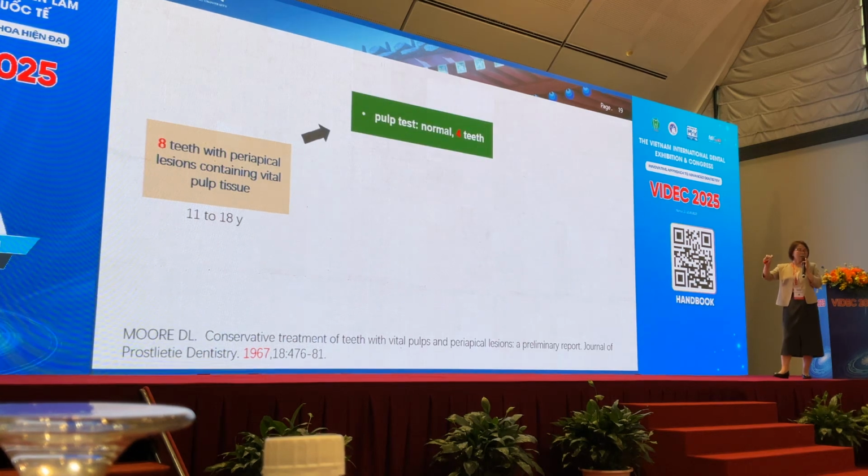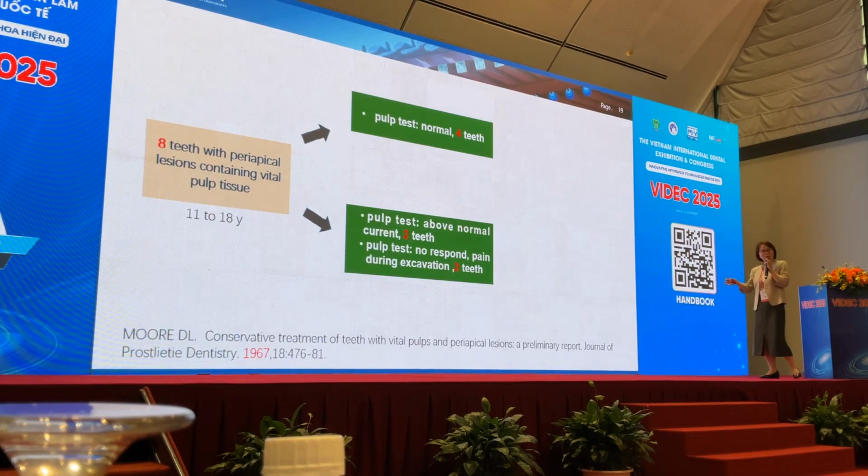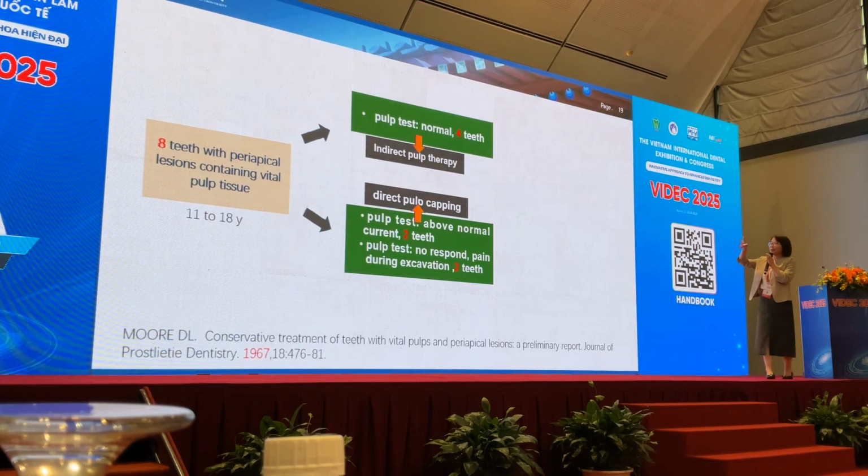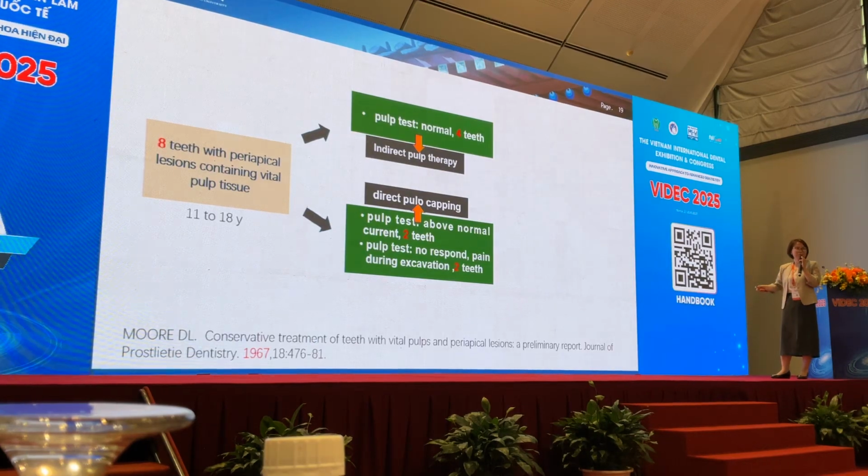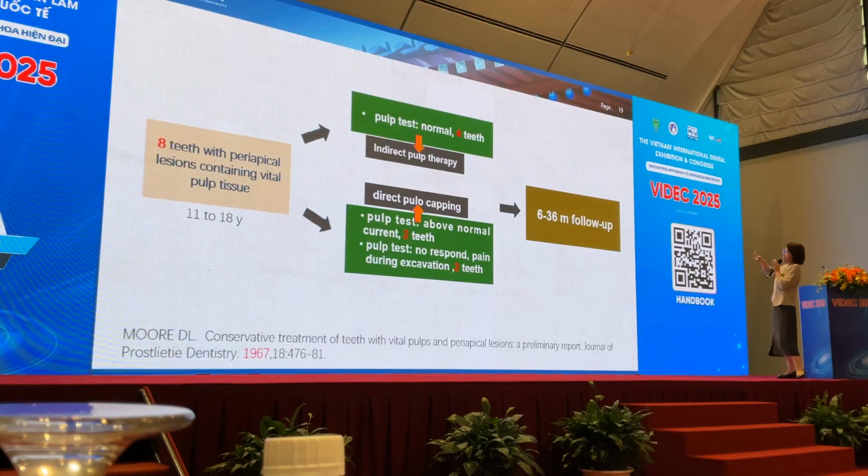Of the 8 teeth, 4 teeth were normal to the pulp test, whereas the other 4 were abnormal. Then direct pulp therapy and indirect pulp keeping were conducted. After that, just follow up.